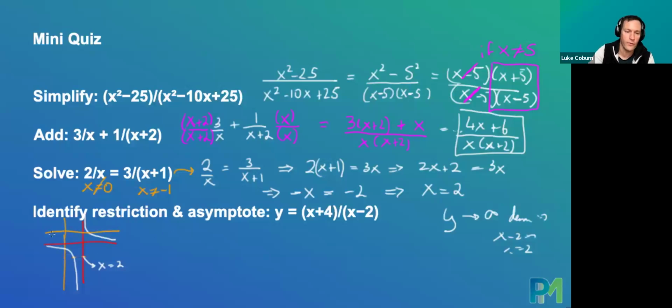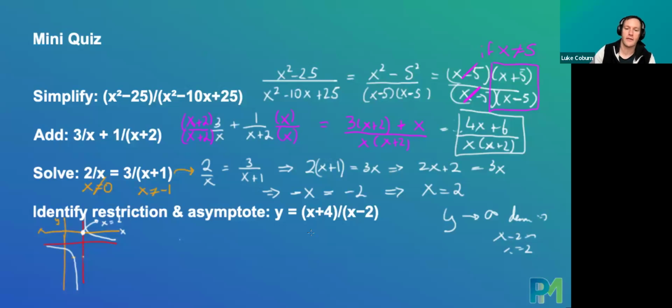Okay, so this is my y-axis, this is my x-axis, okay? Sorry about this, I should have done this more carefully. There's x is equal to 2 on my x-axis. That's where the vertical asymptote is.